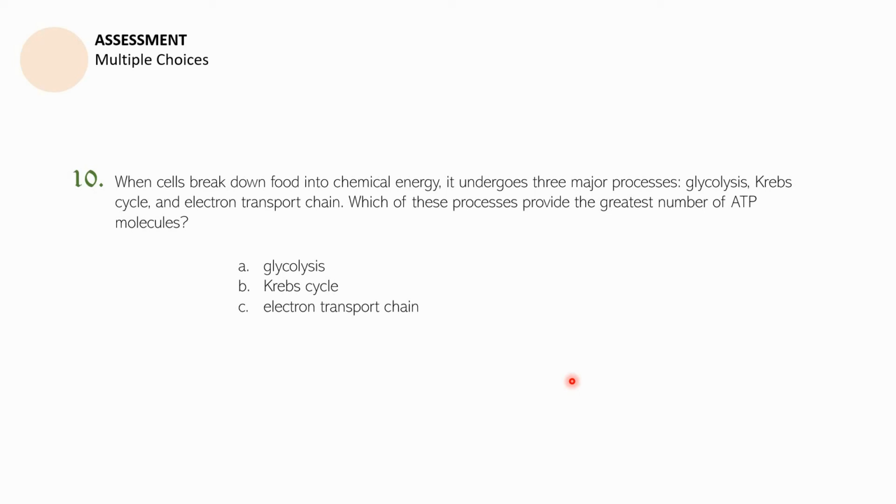Which of these processes provide the greatest number of ATP molecules? A, glycolysis. B, Krebs cycle. C, electron transport chain. You may pause this video if you need more time. If you have decided to continue, that means you are ready for the checking of your own work.